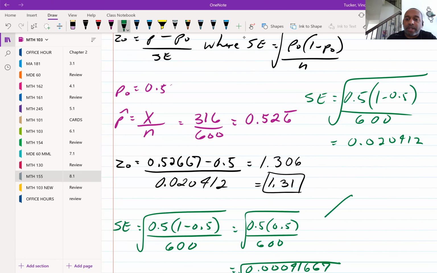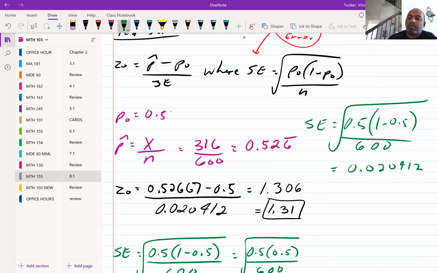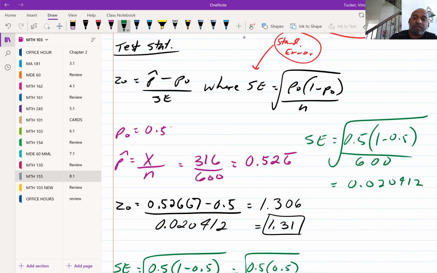And see, I wrote it right here. I don't know why I wrote it afterwards, but anyway. So you want to extend this out to maybe 5 or 6 decimal places. And then when you get to your final Z-score, that's when you round to 2 decimal places. So remember, your Z-scores are always 2 decimal places. Notice I did the same thing here with my p hat. We found p hat to be 0.52, and then the 6 is repeated.